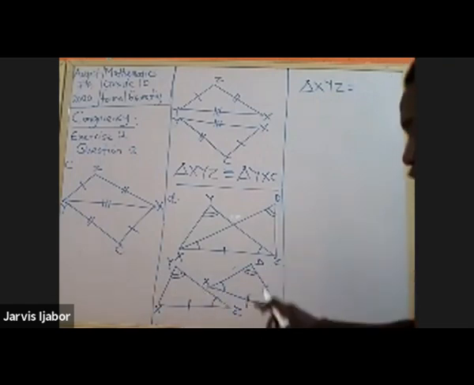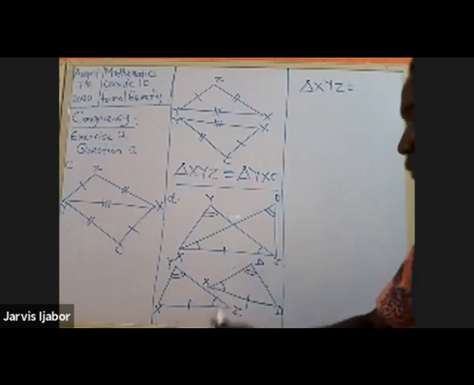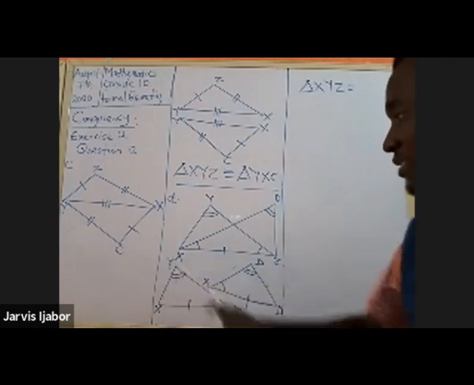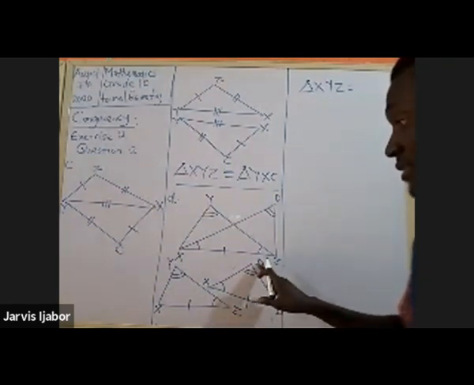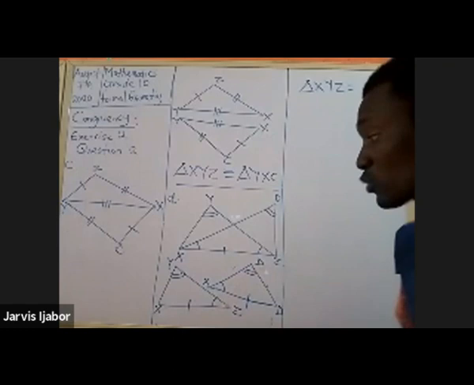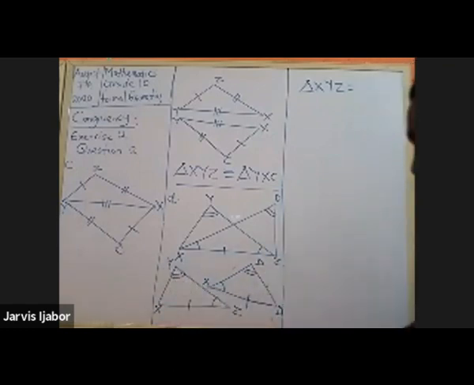So now let's check this one. Two angles ending with one angle. So it will be what? X, Y, Z. So it will be what here? D. I see that here it was X, Y, Z. So here it will be what? Is this D? Let's be careful. Yeah, this is D.